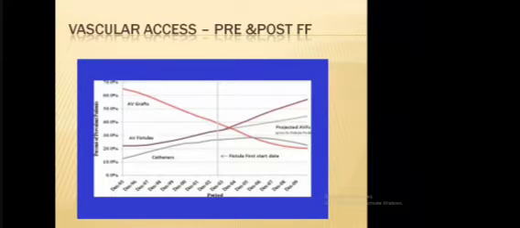We can see an increase in the usage of AV fistula and a decrease in the usage of catheters for initiation of hemodialysis in ESRD patients.